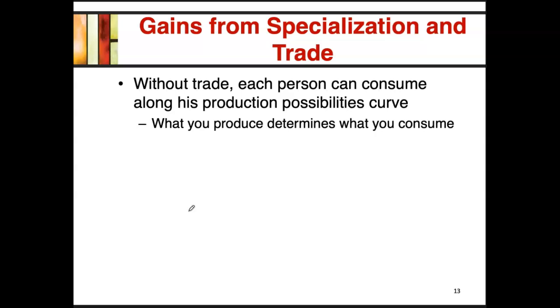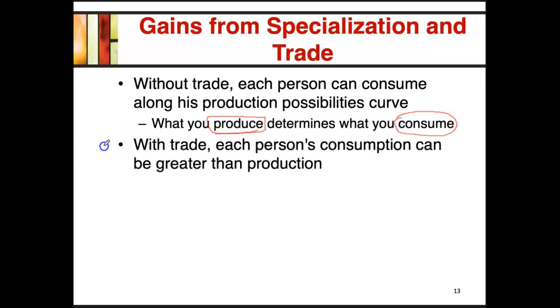In a closed economy, where you have no trade, what you produce is only what you tend to consume. So production equals consumption when there's no trade. But with trade, people can generally be better off, meaning you can consume more than what you actually produce.